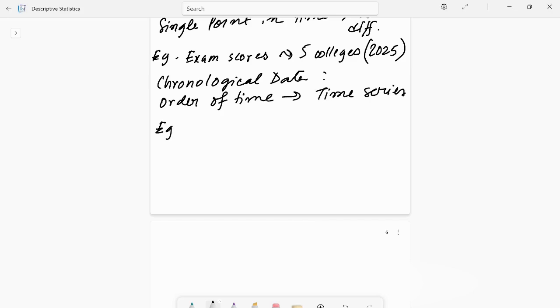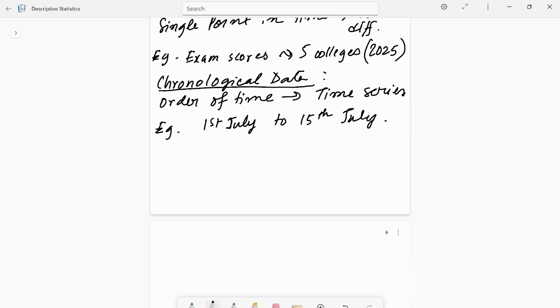For example, if we take the daily temperature of a city from 1st July to 15th July, it helps in detecting trends, seasonal effects, and long-term movements. The key idea is that the order matters here. So from here, what do we understand? Chronological data is always a part of time series data because it is time series data ordered in time. But are all time series data chronological data?